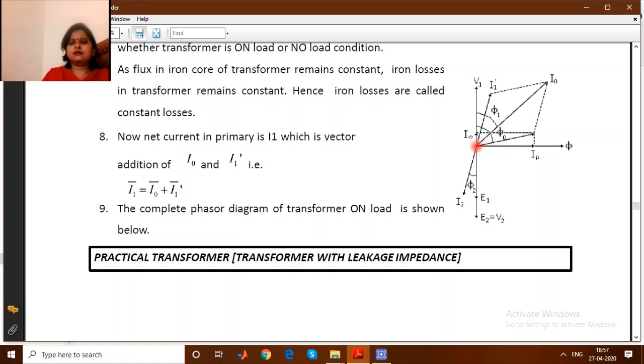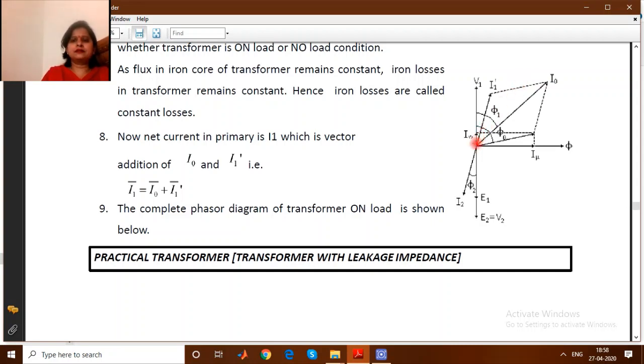If this is a pure resistive load, then this I2 will be on the same axis as V2. So I2 will be here for resistive load, right, and I1 dash will be here, in phase opposition to I2, and I1 will be the resultant of I1 dash and I0. So I1 will be somewhere over here.